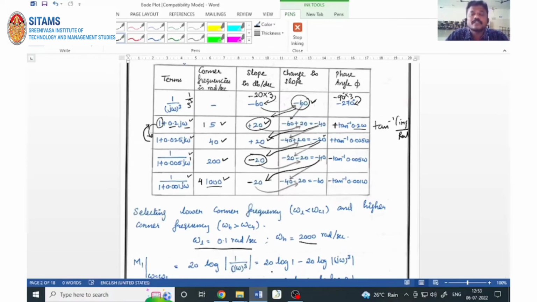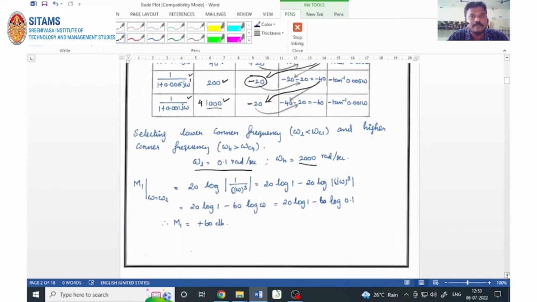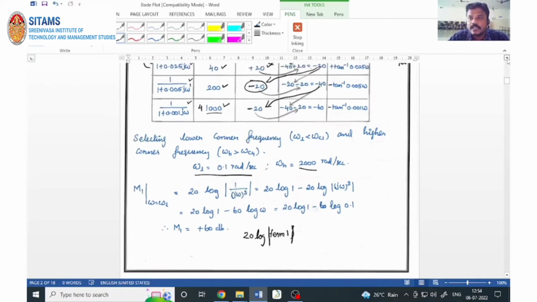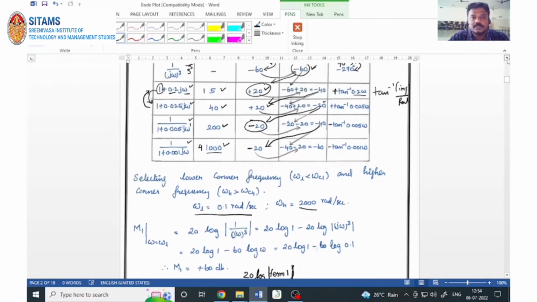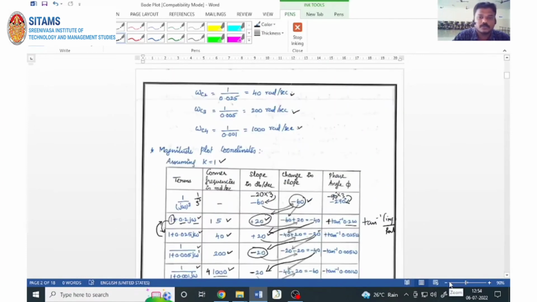After selecting the lower and upper corner frequencies, next we will calculate the magnitude. The magnitude formula always carries 20 log modulus of term 1. Term 1 is the term present in the table.